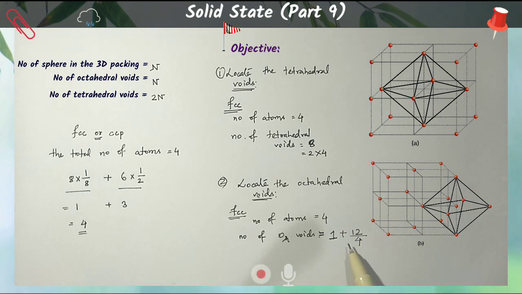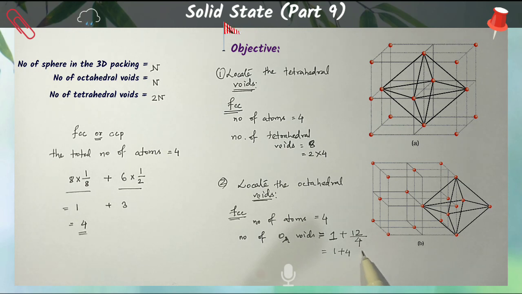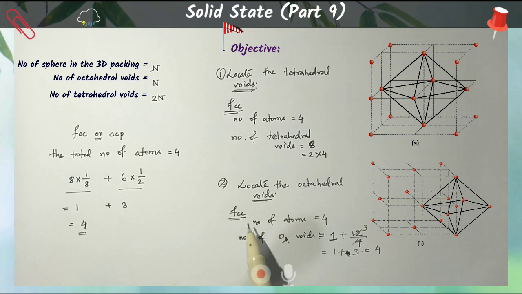So it will be 12 by 4 plus 1, which is 3 plus 1, equal to 4. So we can say that if the number of atoms or spheres present in that unit cell is equal to 4, then the number of octahedral voids is also equal to 4. That means it will be the same. Hence this concept is proved.